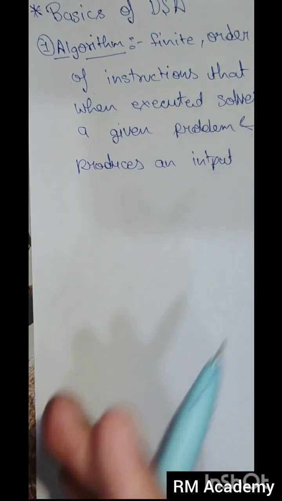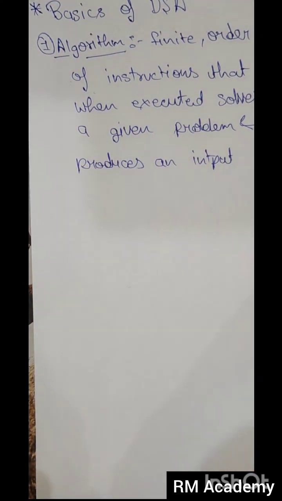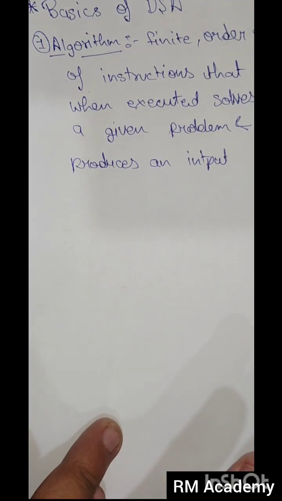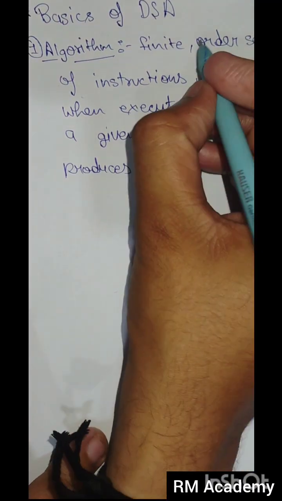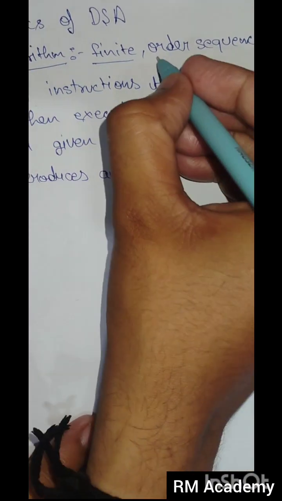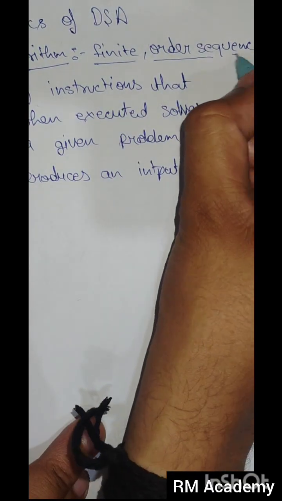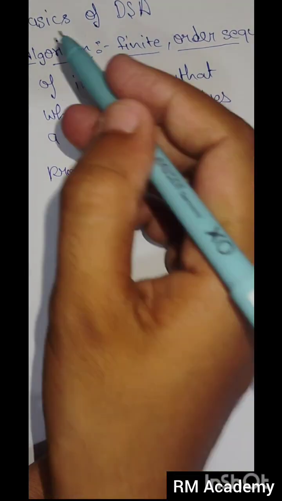So to remember this definition, you have to memorize these two words, finite and ordered sequence. These are both important keywords of algorithm.